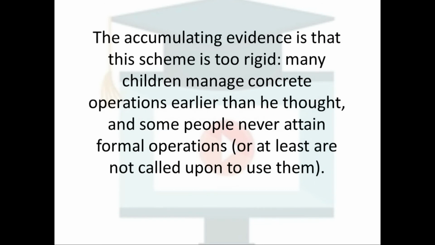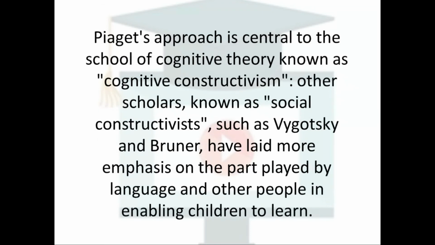The accumulating evidence is that this scheme is too rigid. Many children manage concrete operations earlier than he thought, and some people never attain formal operations, or at least are not called upon to use them. Piaget's approach is central to the school of cognitive theory known as cognitive constructivism.